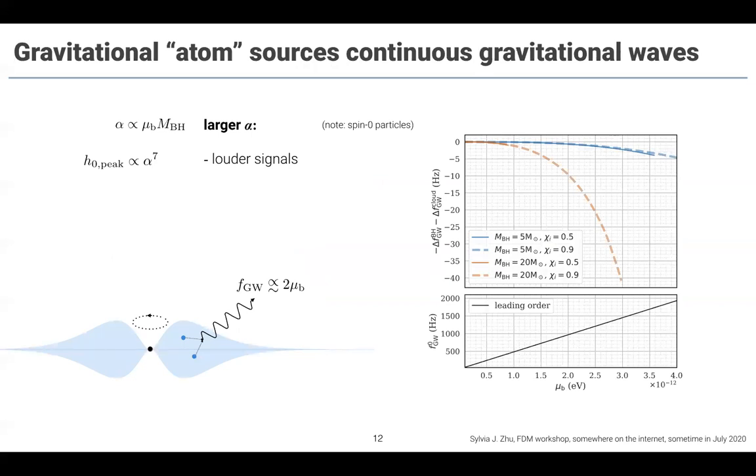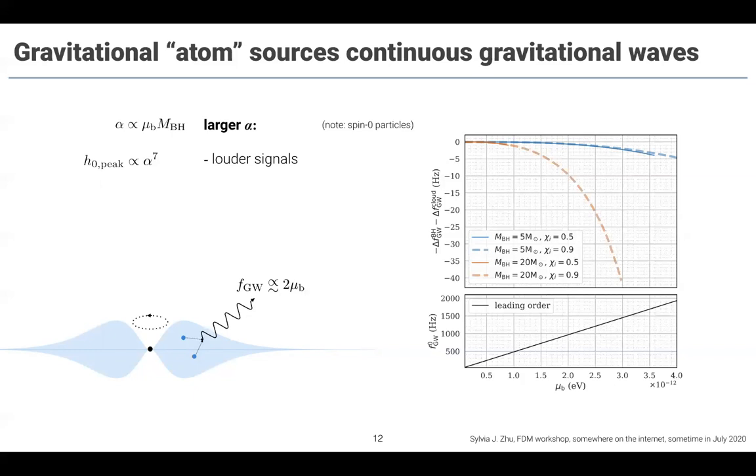So the first thing to do is to characterize how these signals might look. The frequency of an individual signal depends mostly on the mass of the boson.